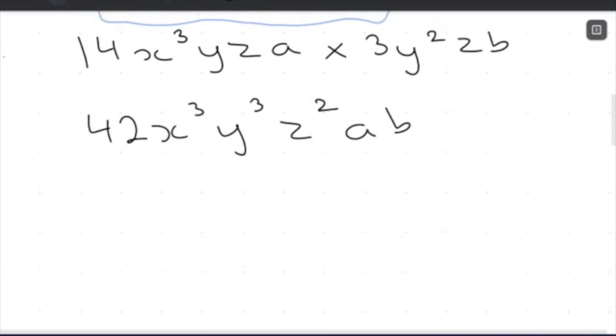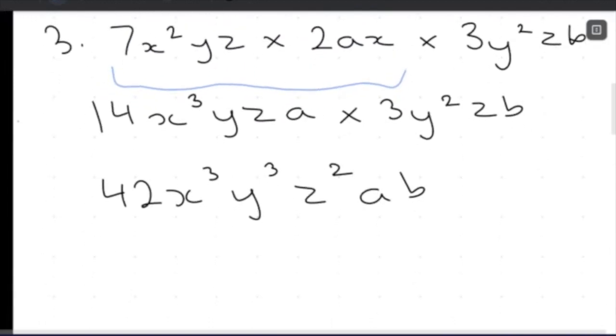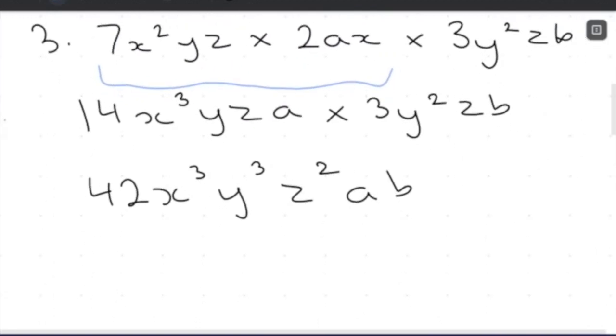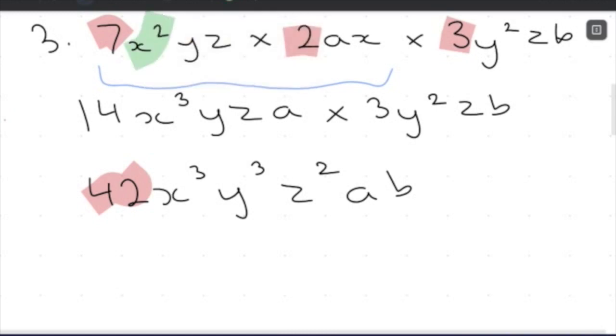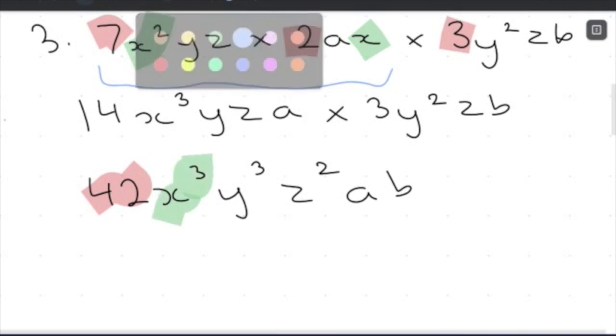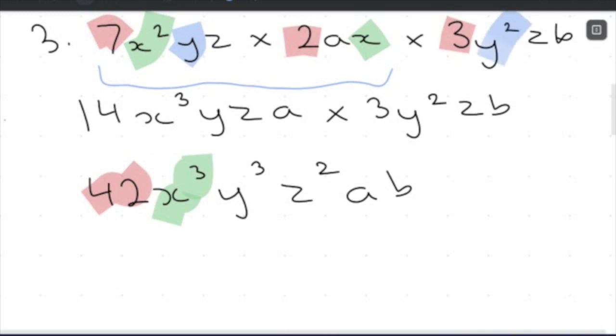So effectively, we've reduced this whole thing into products of all of the terms. We have a product of all three numbers, which is 42. We have a product of x's, which is x cubed. We have a product of y's, which is y cubed.